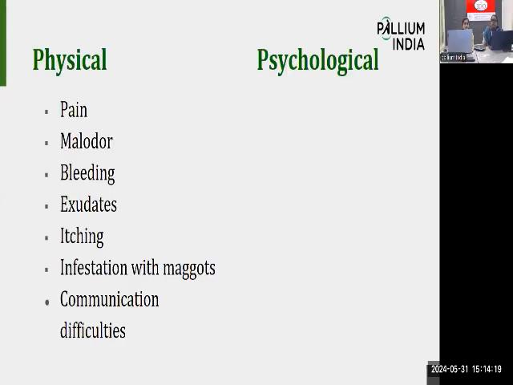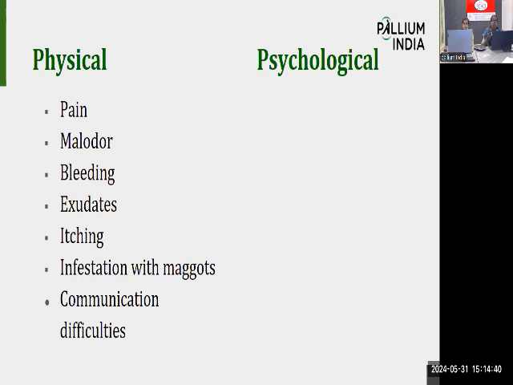So thank you. Let's see the physical problems one by one. As you already said, pain. Pain is one of the major problems because you have learned about two different types of pain, nociceptive pain and neuropathic pain. These patients might have developed two different types of pain, because one is direct exposure of dermis.